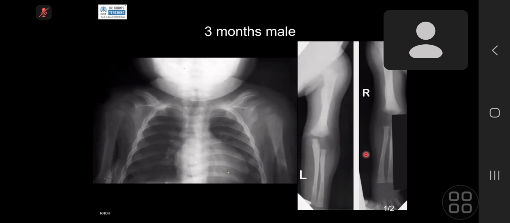In this 3 months old child, in the X-rays which have been provided to me, I think there is some periosteal reaction which I can see in the right distal humerus, in the ribs, and in the clavicles. I can also see some periosteal reaction in the radius, lower down.